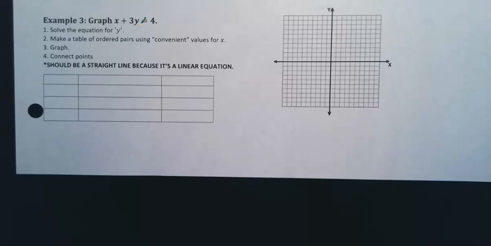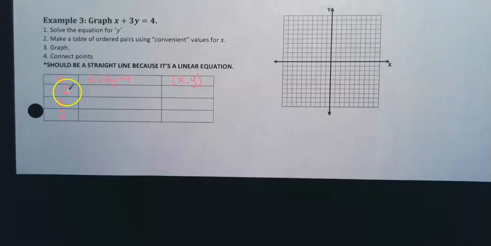We're going to pick our x and our y values here, with x plus 3y equals 4. Do not write this down. I just want you to watch how much work it's going to be if I don't change it and solve for y. So I'm going to pick negative 2, 0, and 2 again.